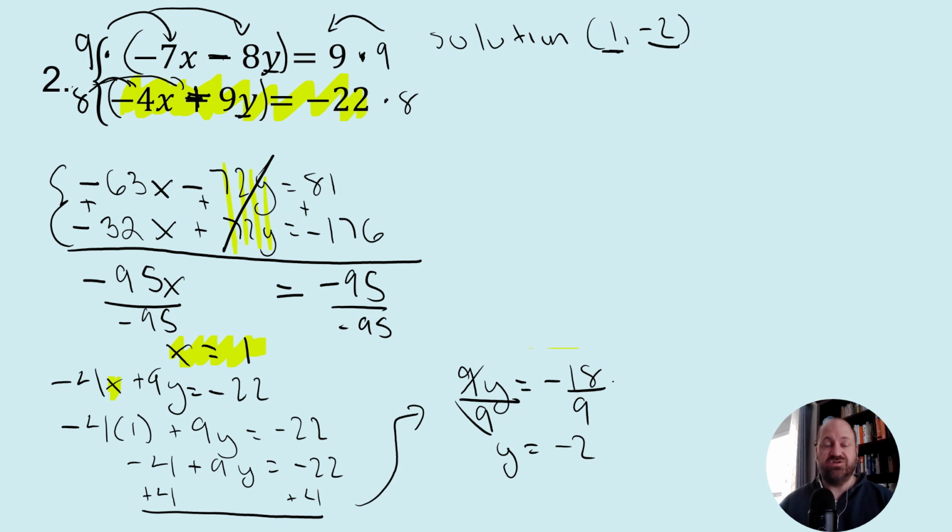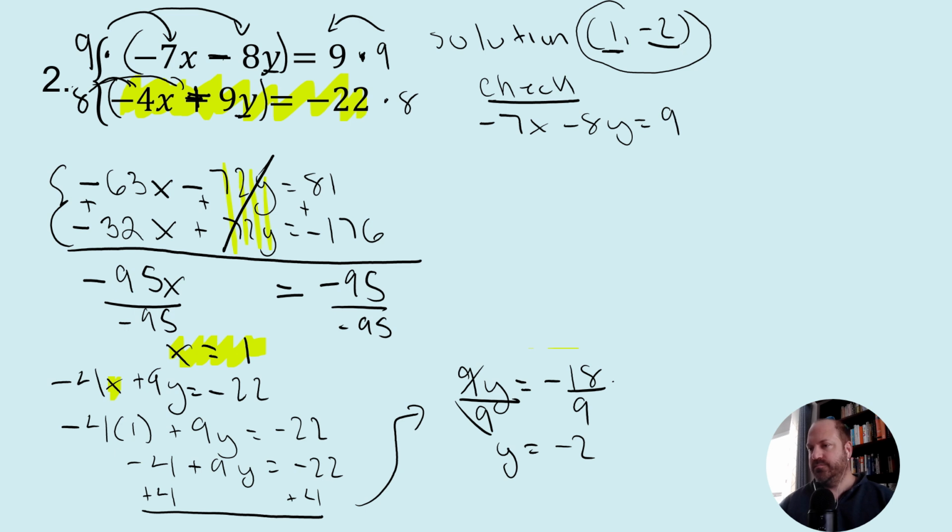All right, so whether we eliminated the x value or the y value, we got the same solution, 1, negative 2. Now let's do our check. The x value is 1.